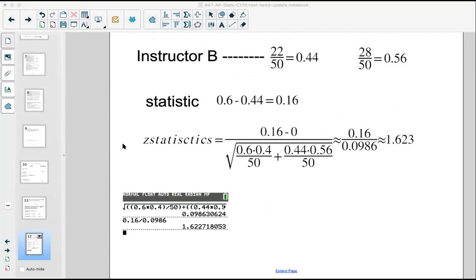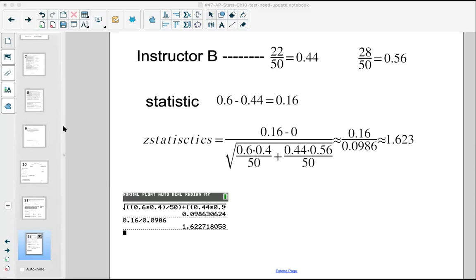Again, calculator: you go to stats, I'm sorry, second vars. We have to check normal CDF. The lower bound is 1.623, the upper bound is 1.99 (a large number). Mu is 0 and standard deviation is 1, that's the standardized normal.